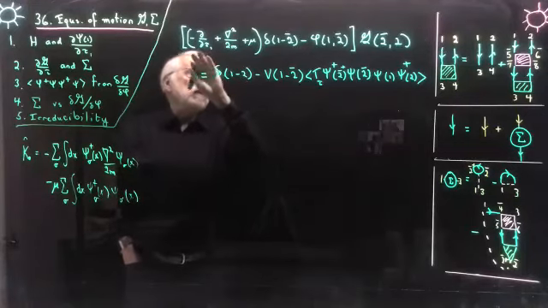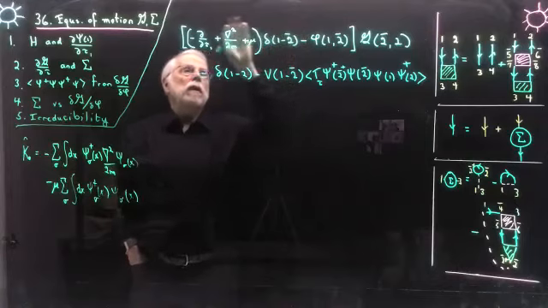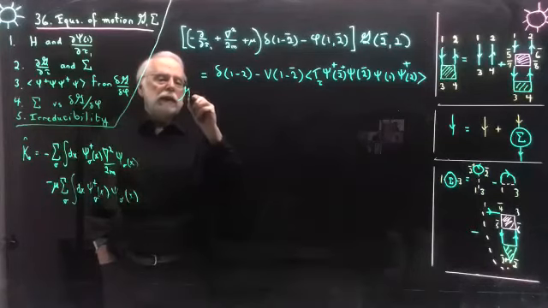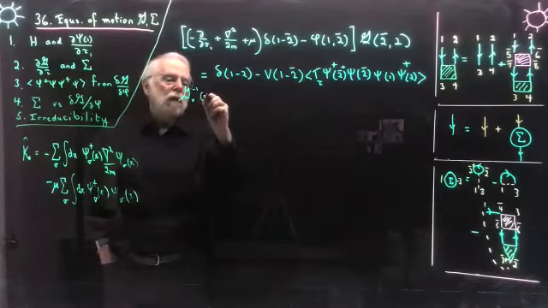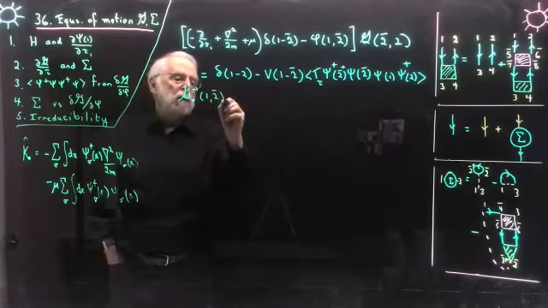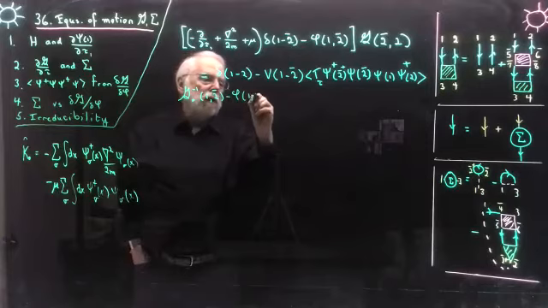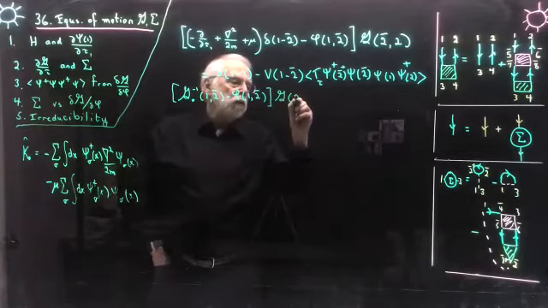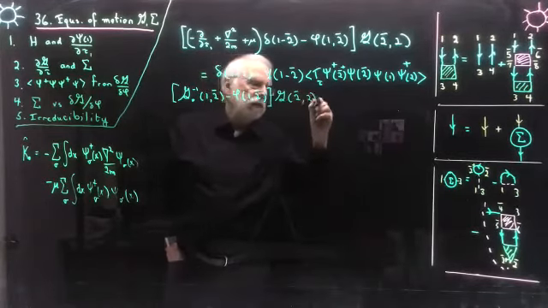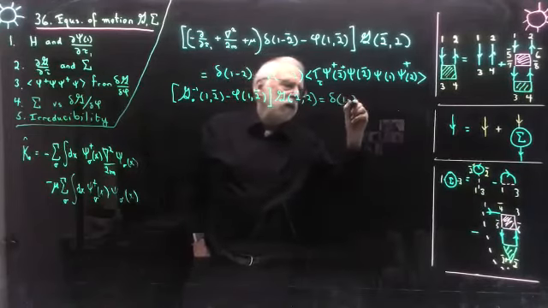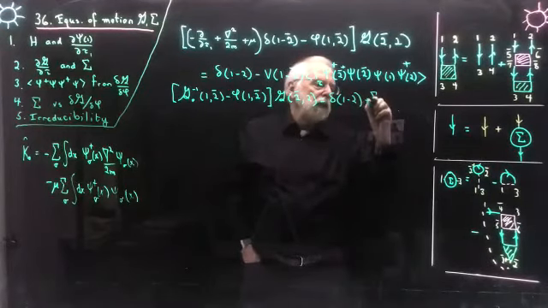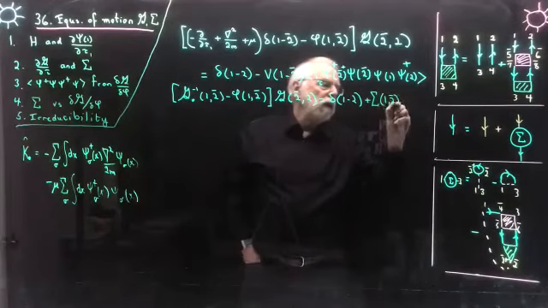So how does this look like? You see, this is a definition now of G0 minus 1. So this expression is G0 minus 1 of 1, 2 bar minus phi of 1, 2 bar times G of 2 bar 2 is equal to delta 1 minus 2, plus sigma of 1, 2 bar G of 2 bar 2.